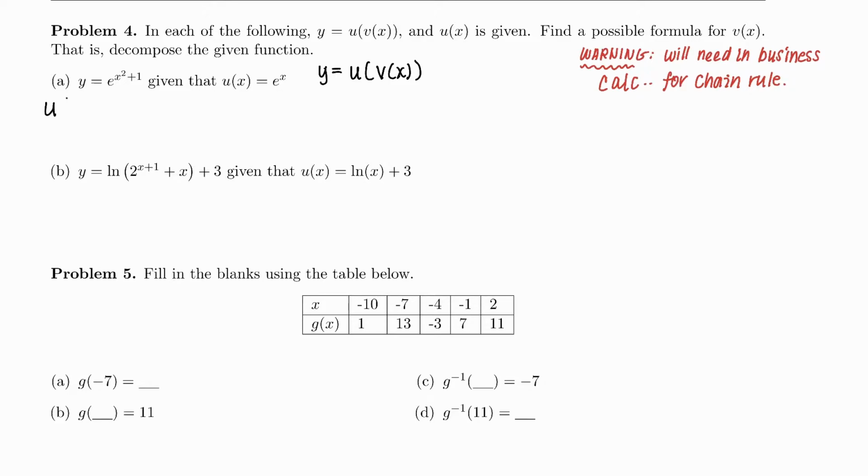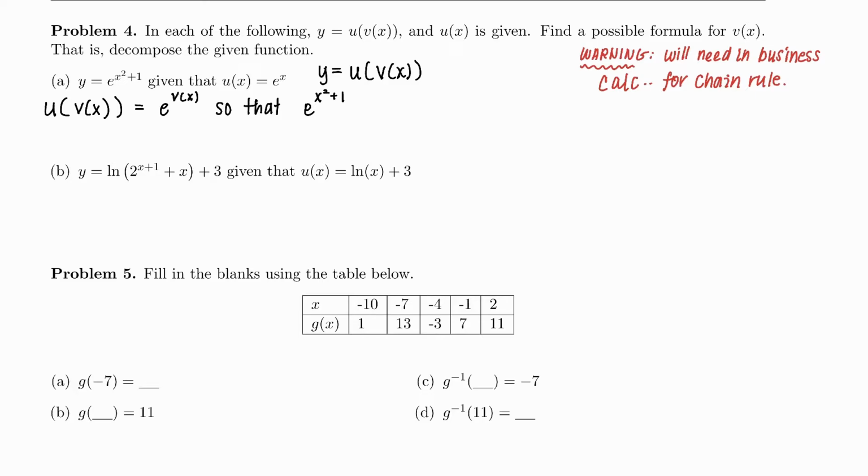So I'm going to say that u of v of x is going to be e to the v of x, so that we get e to the x squared plus 1. So what do we think v of x needs to be?